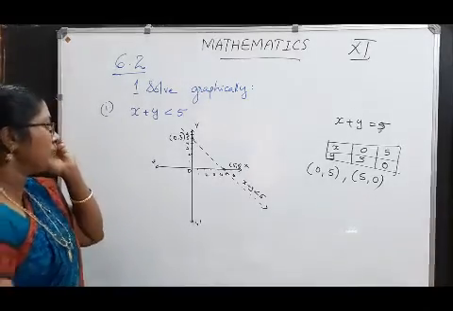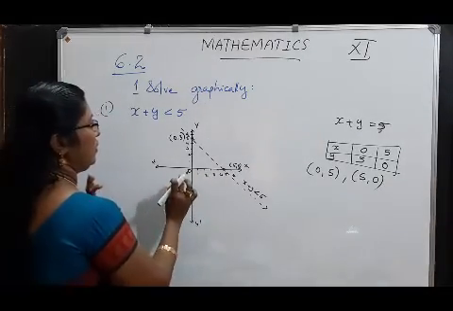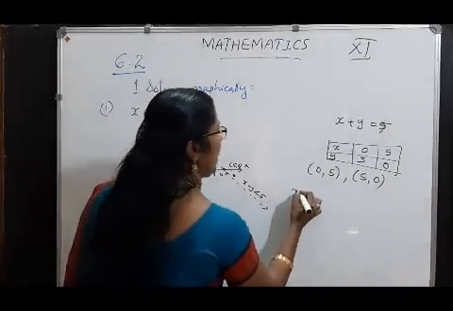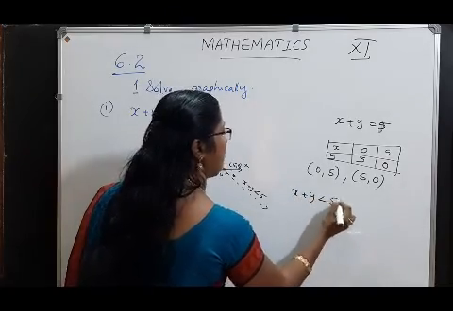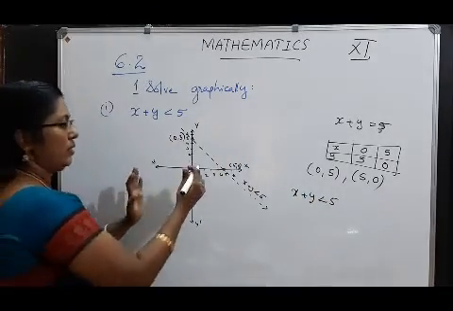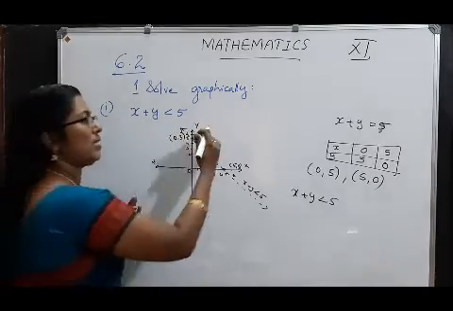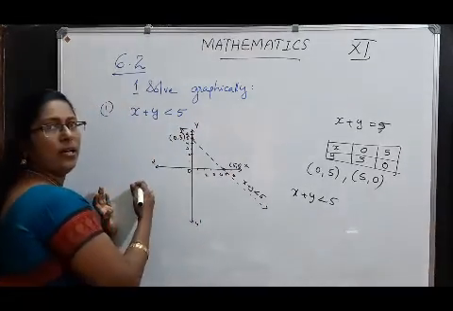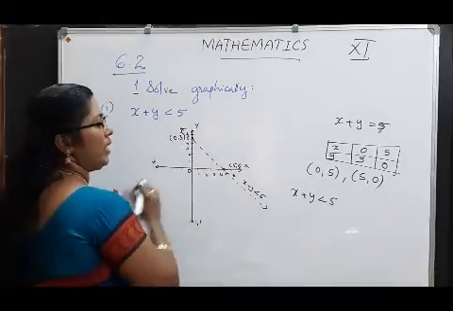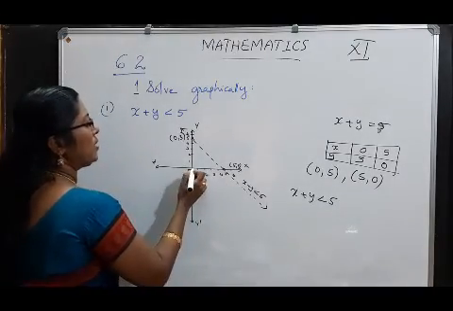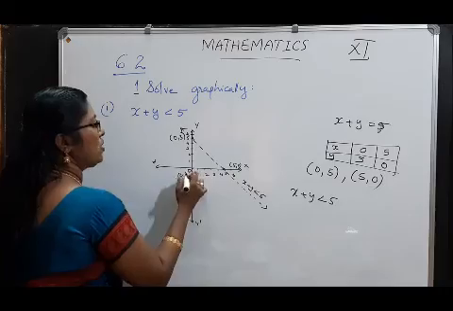Here the inequality is x plus y less than 5. This line divides the plane into 2 parts, an upper part and a lower part. The lower part contains the point 0, 0, the origin.